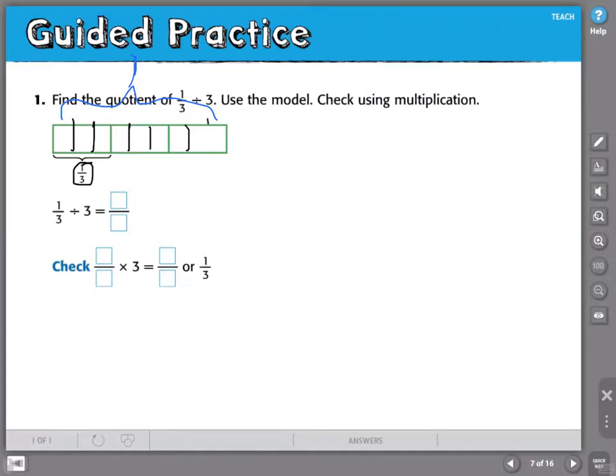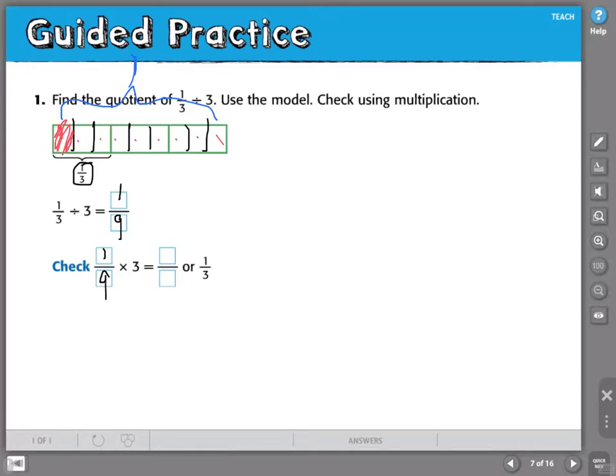When we do that, we would see that our whole is now in 1, 2, 3, 4, 5, 6, 7, 8, 9. 9 pieces. And one of those would represent 1/9.